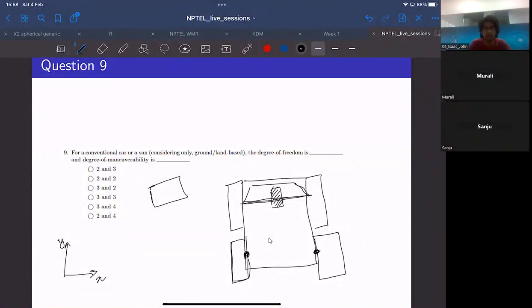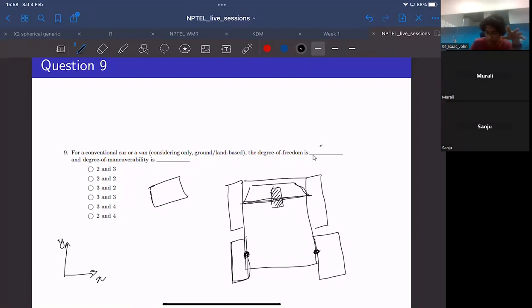It doesn't matter. Through multiple reverses and multiple points of turning, we can realize any position and any orientation. So we require 3 degrees of freedom to fully realize all these configurations, 2 for position as well as 1 for orientation.